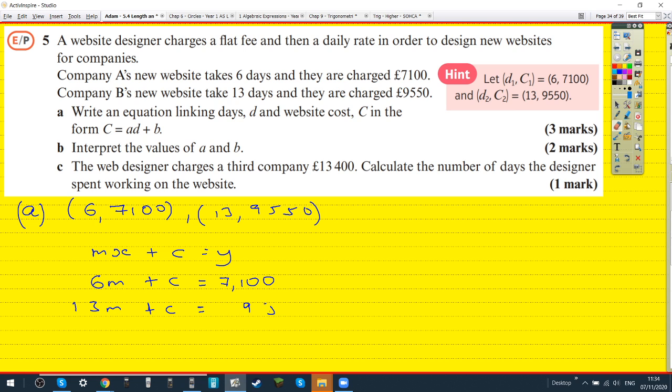Sorry, it's 9,550, was it? Yeah. And so m is 350 and c is 5,000. Okay.